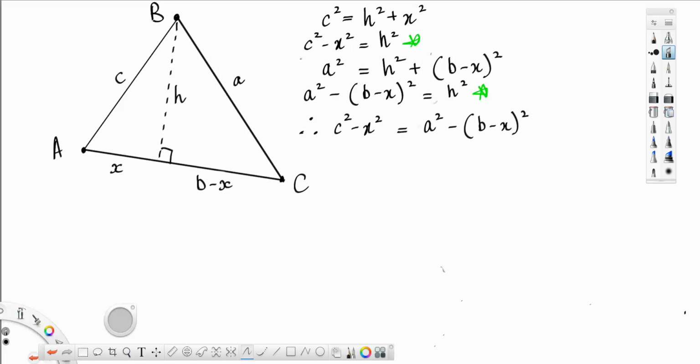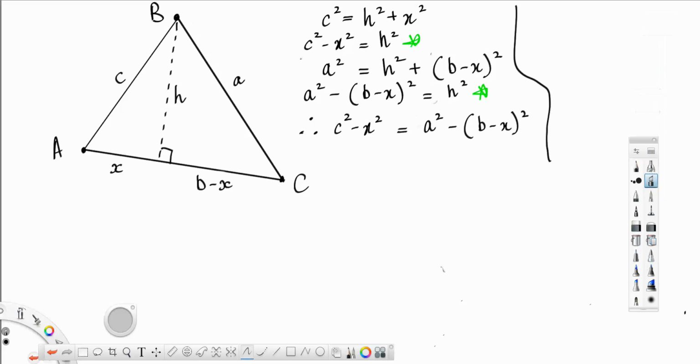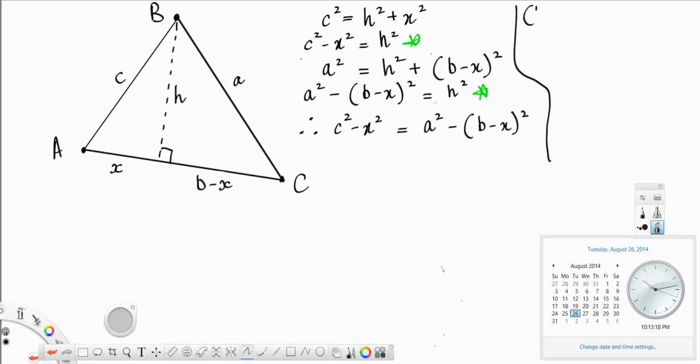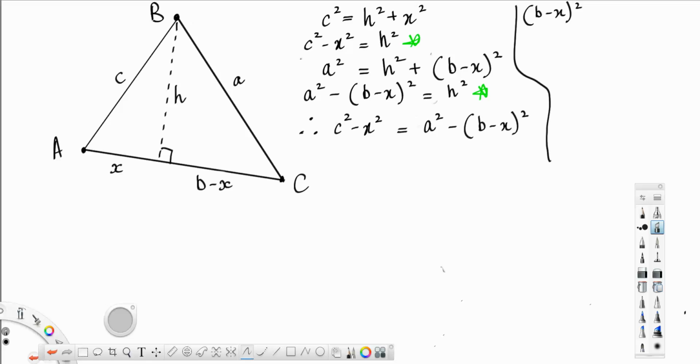Just to remind you what we do, I might do it over here on the side, as a little reminder. (b minus x) squared is equal to, well, whenever you square something, you're multiplying it by itself, so it's (b minus x) times (b minus x).